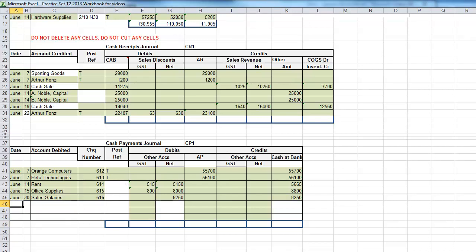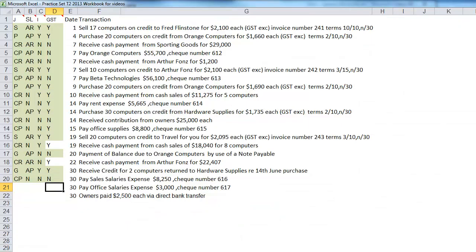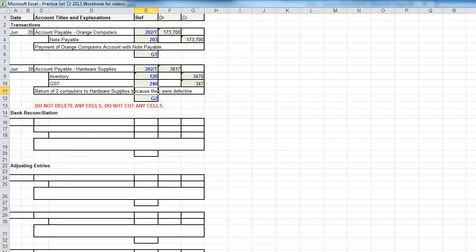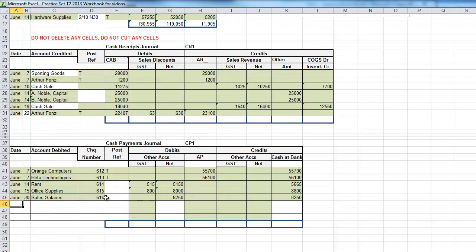The next item will also be reasonably straightforward. June 30, pay office salaries of $3,000. Check 617. Office salaries.